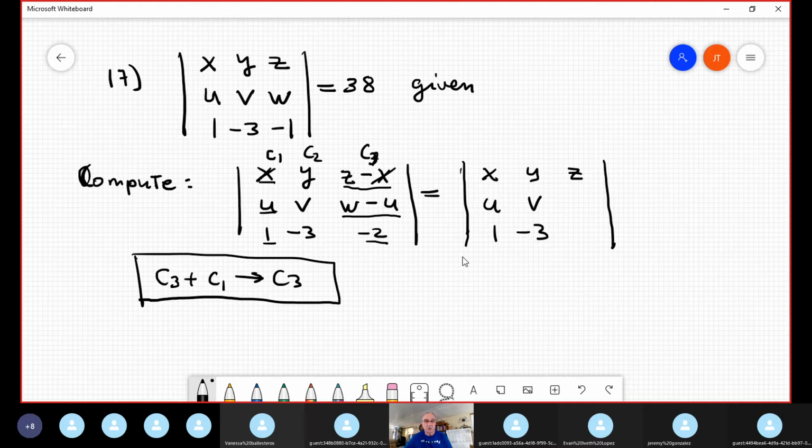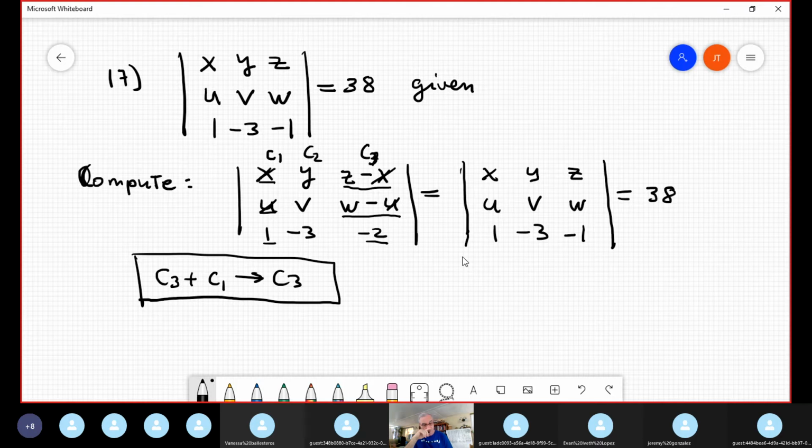W minus u plus u is just w, and negative 2 plus 1 is negative 1. Yeah, I get exactly the same determinant as the given information, and the answer is 38, because when you perform row operations, the value of the determinant doesn't change.